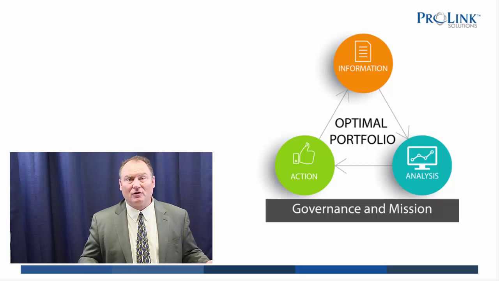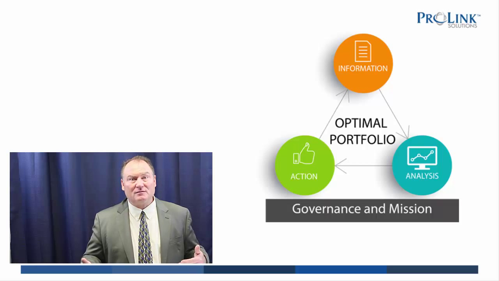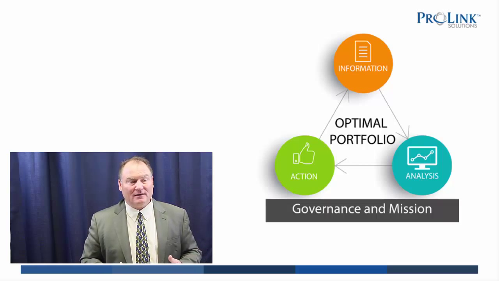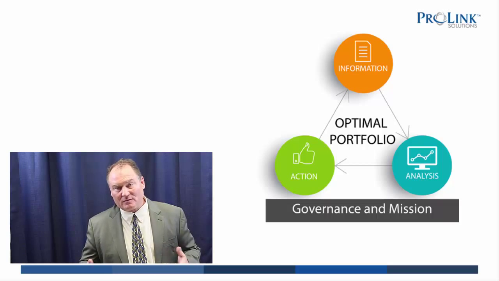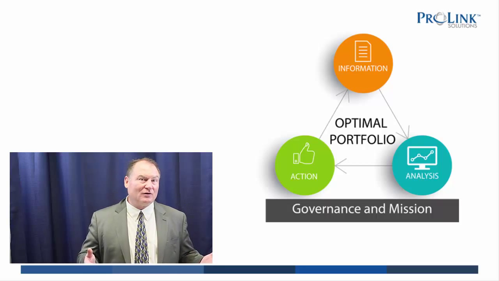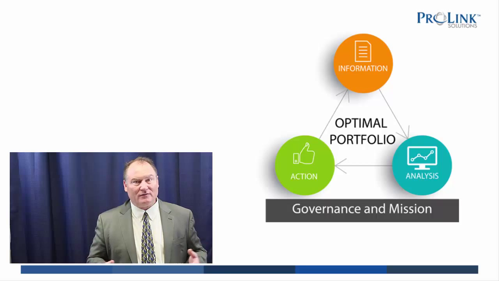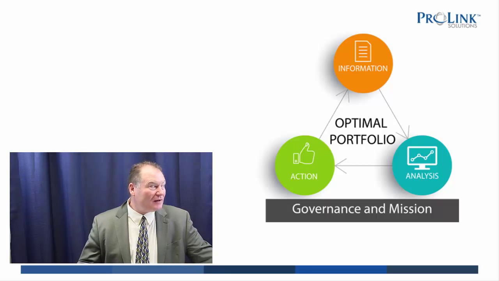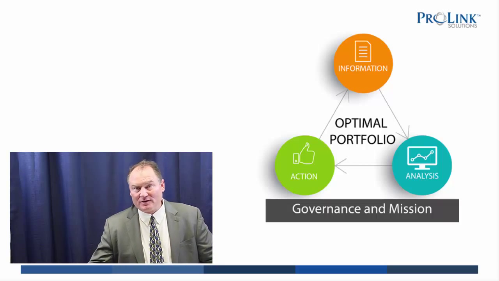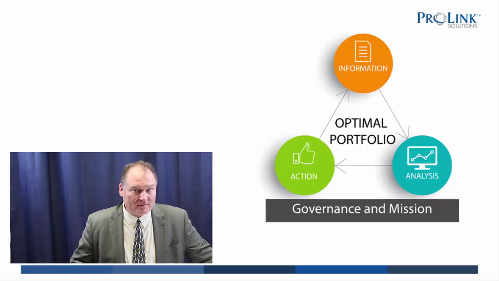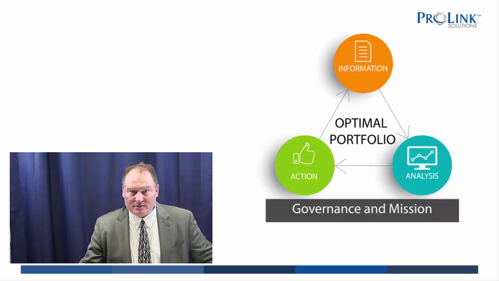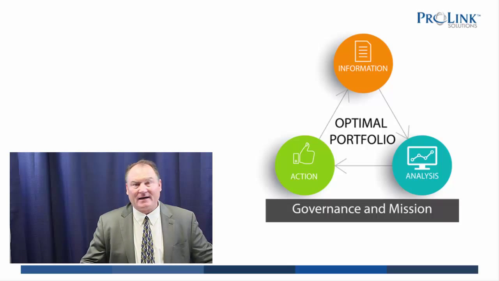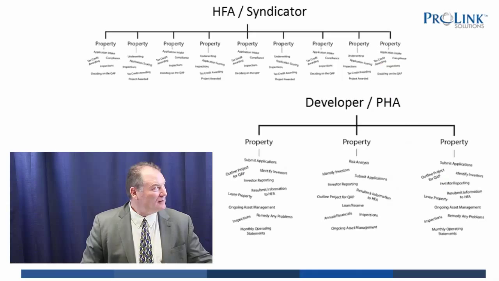So it's important that your organization review its mission and purpose, and that the purpose around a portfolio is communicated to all the constituents: the developer, the property managers, the housing authorities, everybody involved in the transaction. The three other components are pretty simple. We gather information, we analyze that information, and then we perform actions on that information.